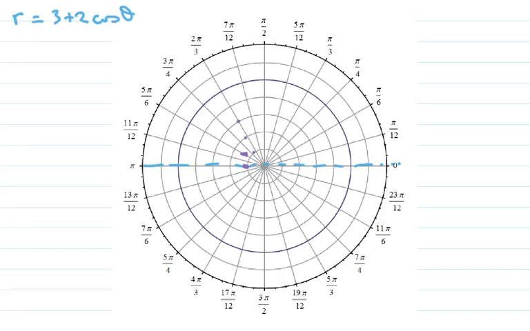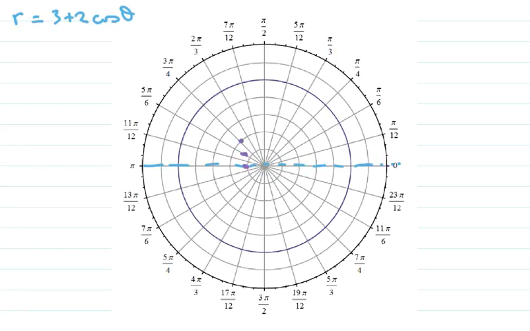1, 2, 3. And I have to be careful what I'm writing here. Actually, this was 2, I messed up. I knew it looked kind of weird. This goes to 2.